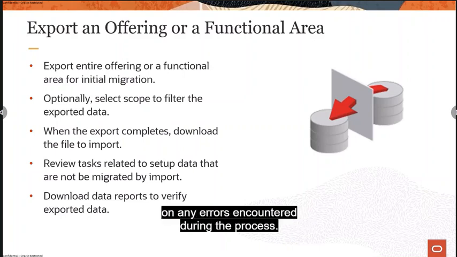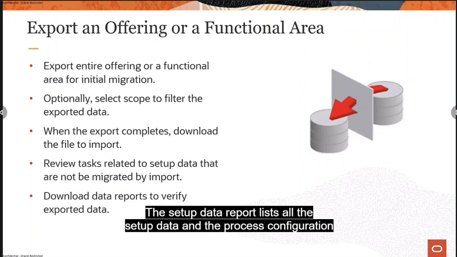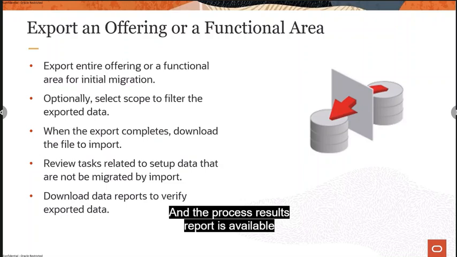The setup data report lists all the setup data in the process configuration package and includes individual reports for each business object. And the process results report is available as a text file to show the status of the export, including the details and the errors that may have arisen.